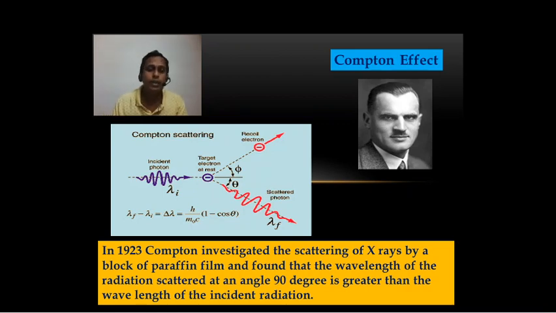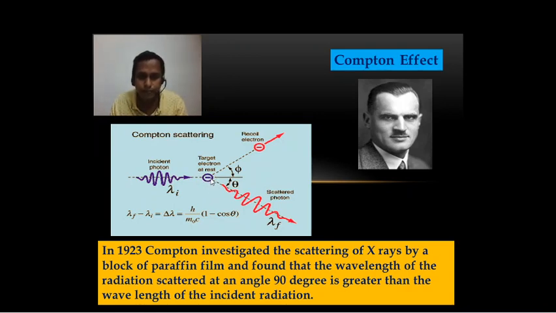In the Compton effect, there is an incident photon and a target electron which is at rest. The incident photon strikes, or collides with, and is scattered by this electron.